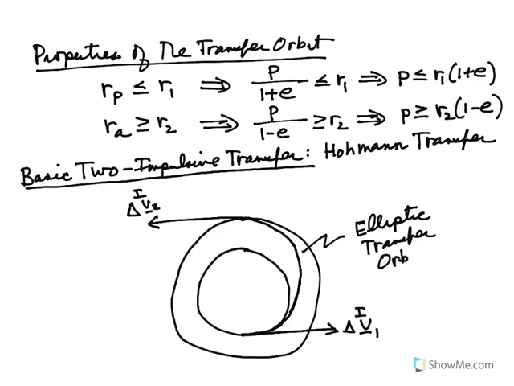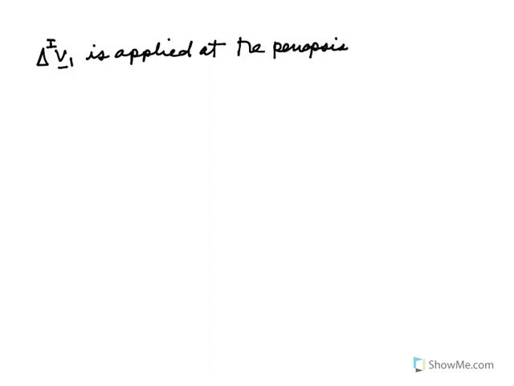Now, here's going to be the key to being able to do all of this. Notice that since the radius of the first orbit is R1 and the radius of the second orbit is R2, it turns out that delta V1 is applied tangentially, at the periapsis of the transfer orbit.